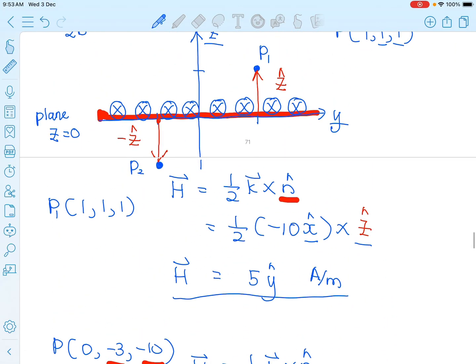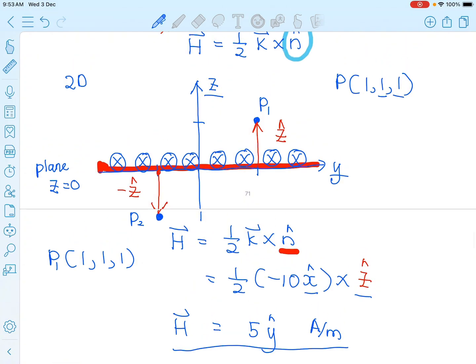You can actually determine the directions also by using your right hand. This one shows the direction of your thumb, so you put your thumb into the surface, and you can see your forefinger is showing in this direction, which is the positive y direction.